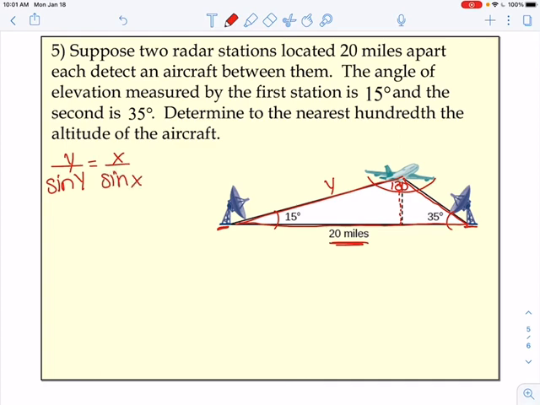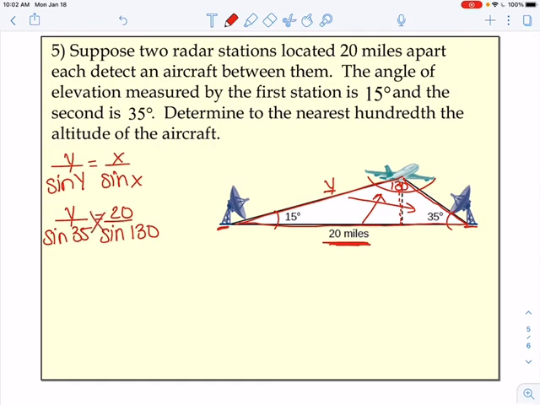So here is little y, that's what I'm looking for. The angle directly opposite that is 35. So I'll have y over the sine of 35 equals the other side that I know something about, that 20. So x is 20, and the angle directly opposite that is 130, so I'll have the sine of 130.